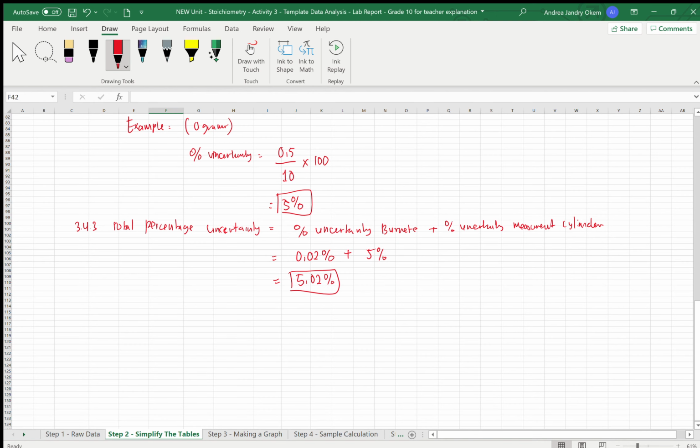Now, the last one, if we want to find the relative uncertainty of vitamin C concentration, we can use the formula.